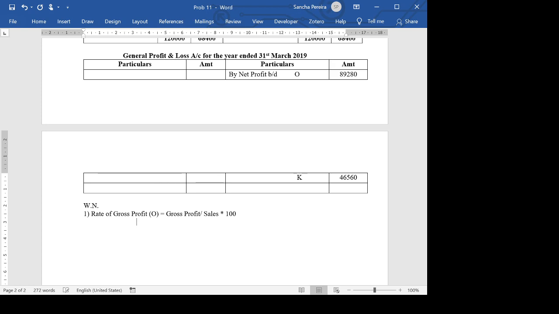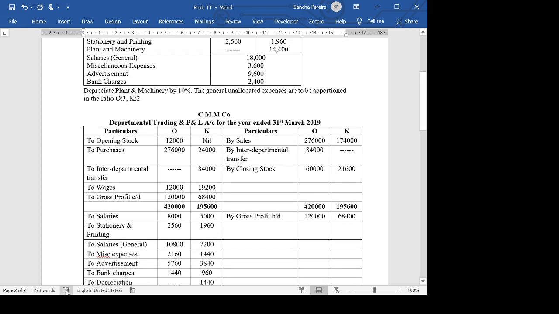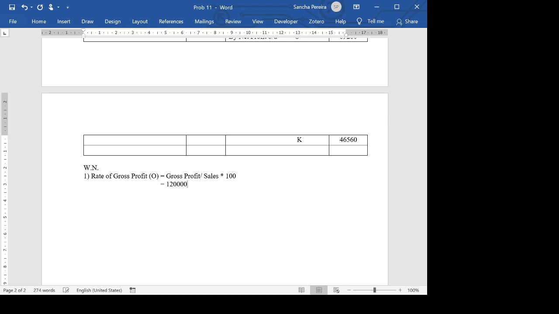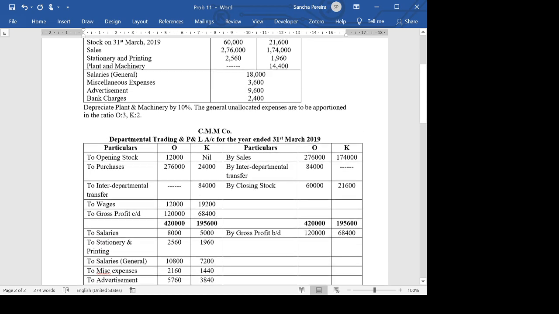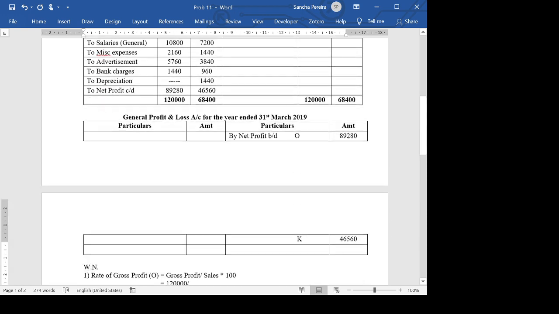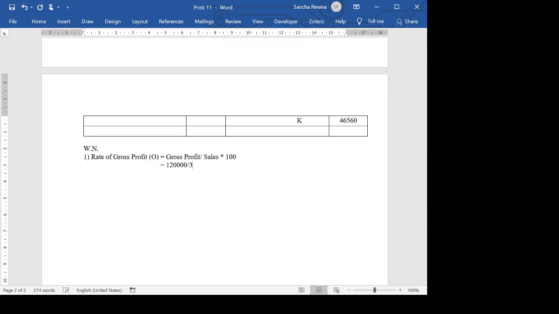The gross profit of O is 1,20,000 upon the sales of O. Now when we take sales, remember that we take the sales plus the interdepartmental transfers. So it's going to be 2,76,000 plus 84,000. We are considering all the goods that have moved out of the department, whether to outsiders or within the organization. So 2,76,000 plus 84,000 will be 3,60,000.